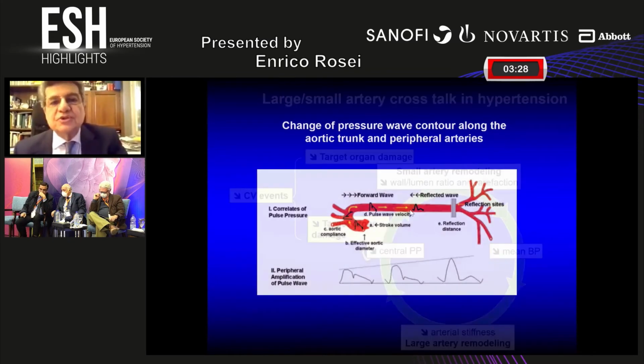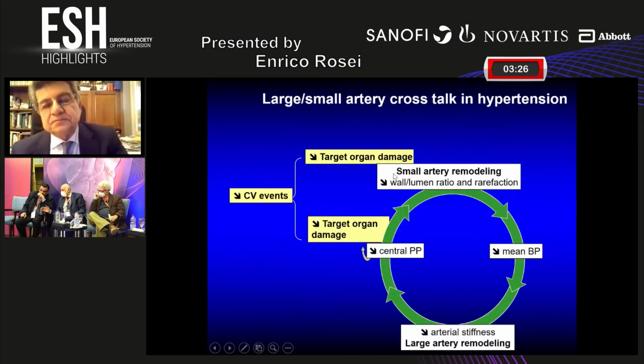So this crosstalk means that if we can reduce the wall-to-lumen ratio and improve rarefaction, we may reduce mean blood pressure, and this per se improves arterial stiffness, improves large artery remodeling, and is associated with a reduction in central blood pressure or central pulse pressure.